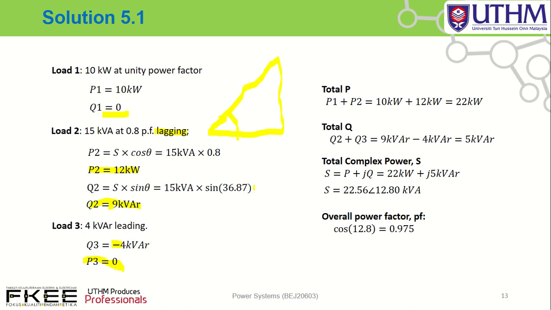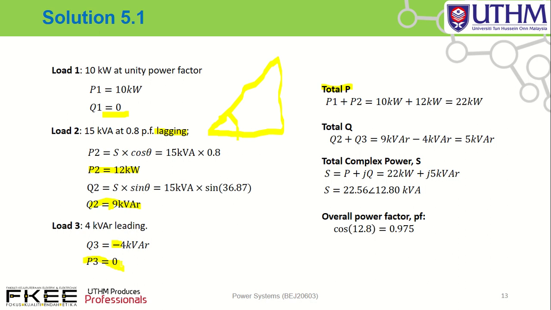Okay, how to determine the total power? Based on the concept of energy conservation, total P equals the summation of the P for each load: total P equals P1 plus P2 plus P3.